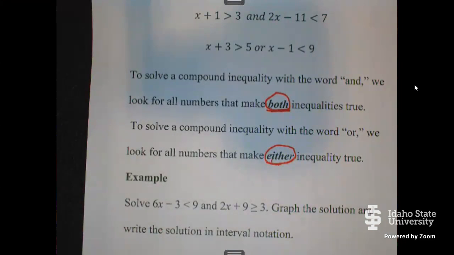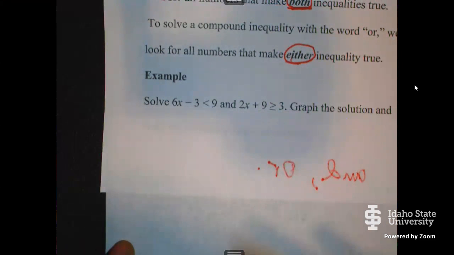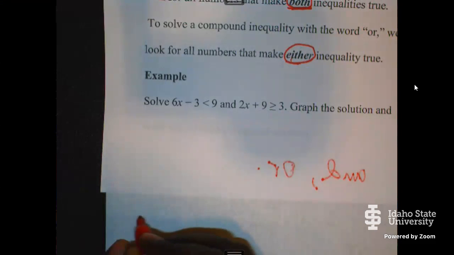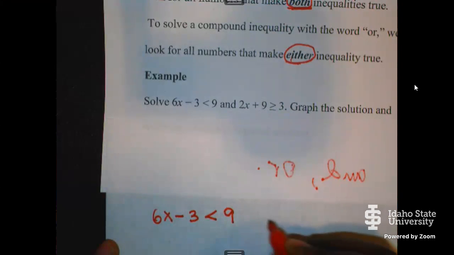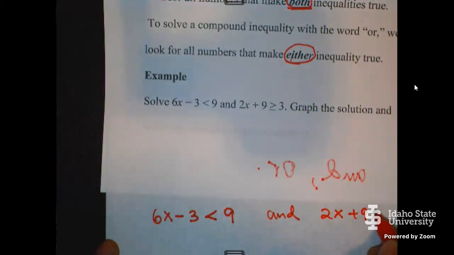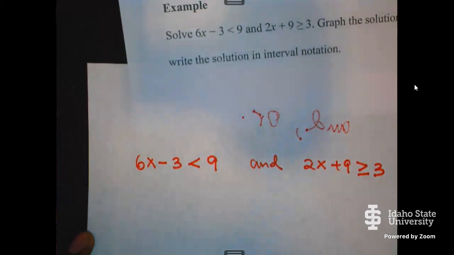Right. So here we have 6x minus 3 less than 9 and 2x plus 9 greater or equals to 3. We use the steps that we were using last Wednesday, now by solving the inequalities.